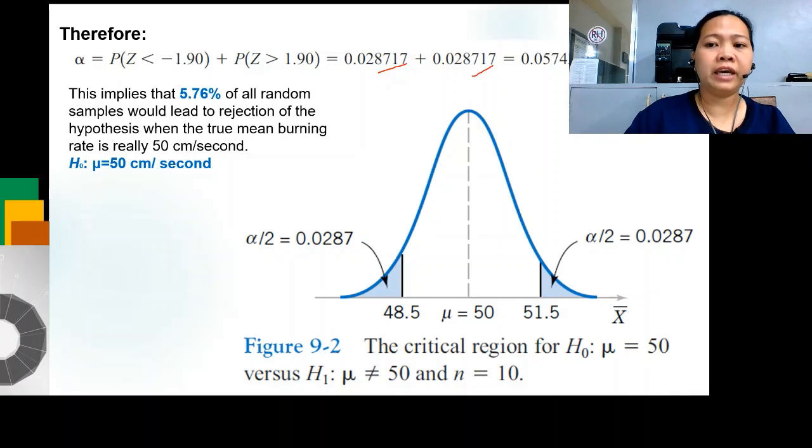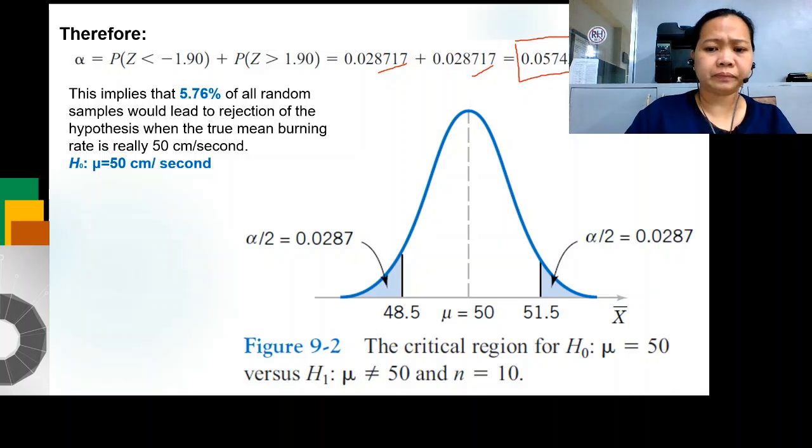So alpha is 0.0576. Let's just make it a percentage: 5.76% of all random samples would lead to rejection of the hypothesis when the true mean burning rate is really 50 centimeters per second.